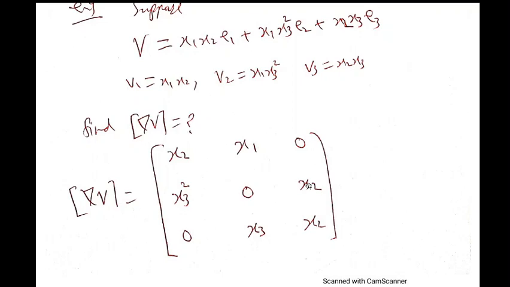Here partial V3 partial x1, partial V3 partial x2, partial V3 partial x3. So please correct this: here partial V2 partial x3 will give us 2 x1 x3, not x2.